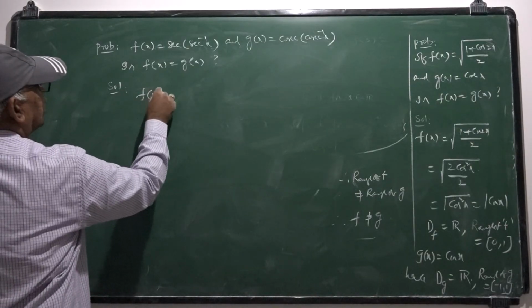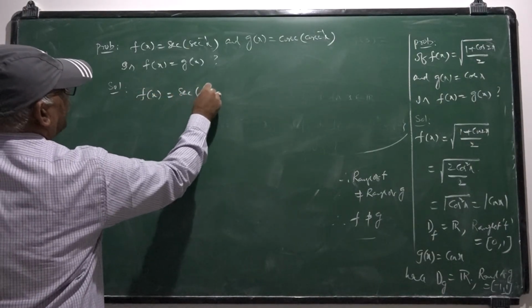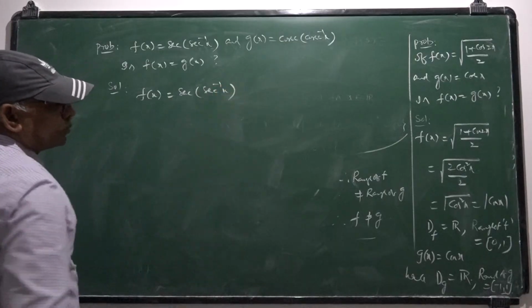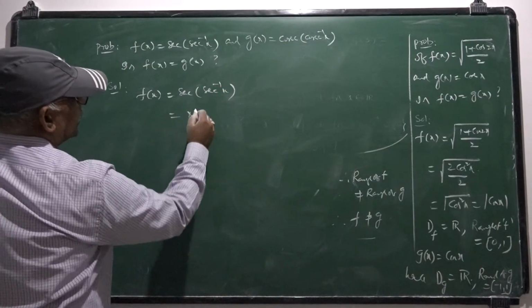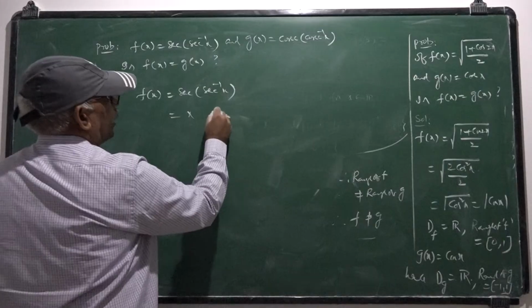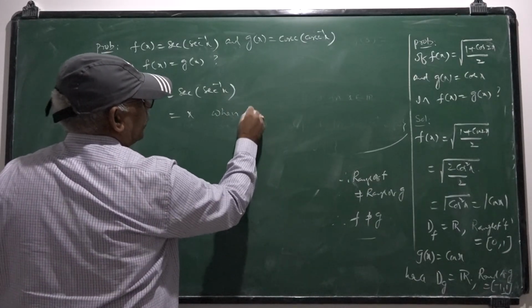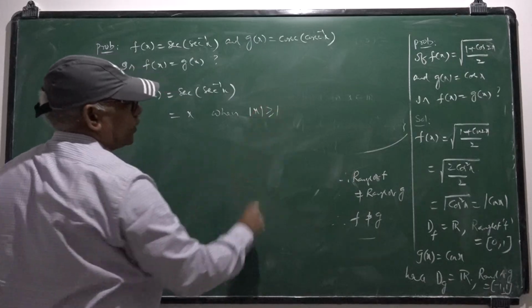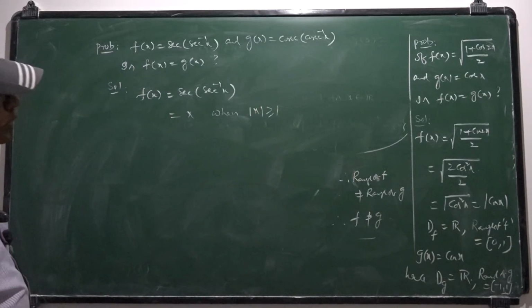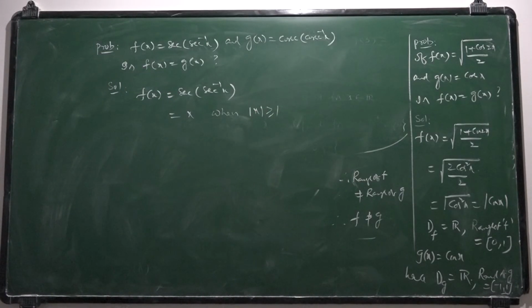f(x) equal to secant of secant inverse x, which is equal to x, when secant inverse x is defined for mod x greater than or equal to 1. Secant inverse x is defined only for mod x greater than or equal to 1.